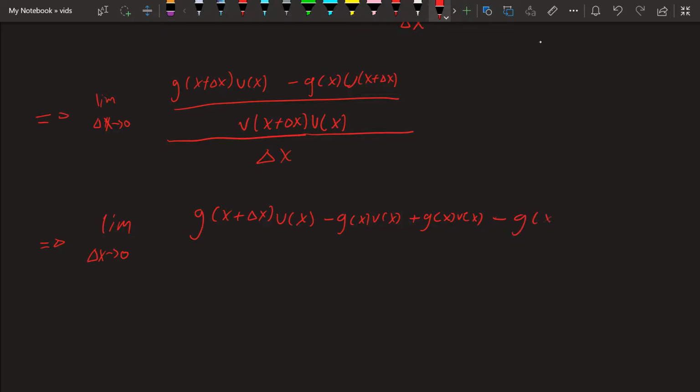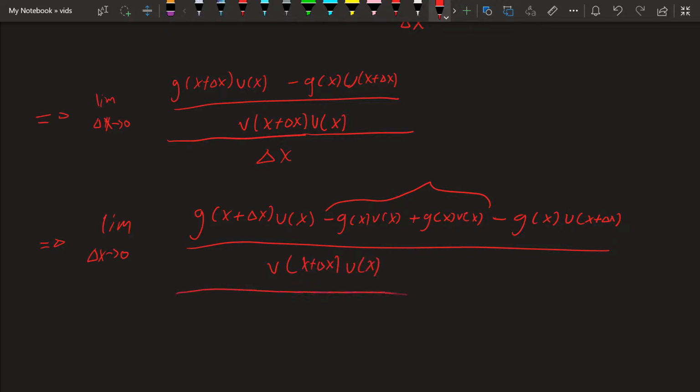And minus g of x v of x plus delta x. So here I added 0. This is exactly what I added, over v of x plus delta x and v of x. And all of this is divided by delta x. If all of it is divided by delta x, what we can do is take this delta x and put it in the denominator here.